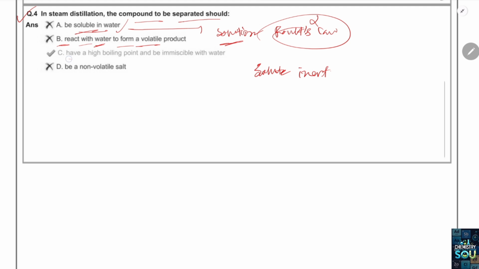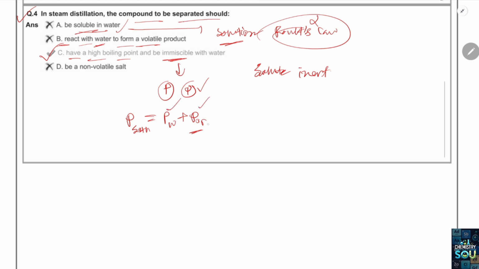The compound having a high boiling point and being immiscible with water is a true statement. When it is immiscible, the distillation is easy. When both liquids are immiscible, each will exert its own vapor pressure, so that will be easy for steam distillation. The total vapor pressure of the mixture is equal to the vapor pressure of water plus the vapor pressure of the organic phase.